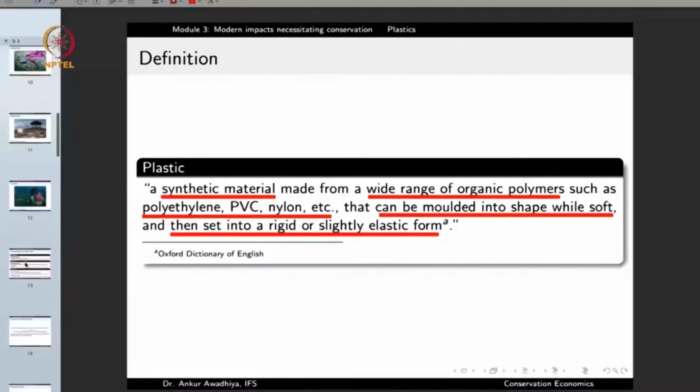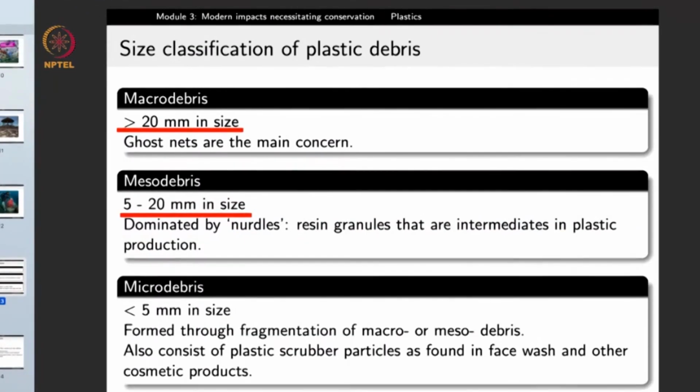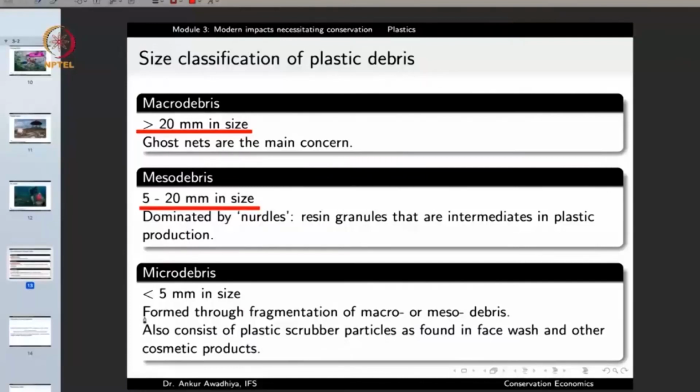So these nurdles, which are like this big, we'll call them meso debris. And in a number of cases they reach into the oceans because when they are being transported on a ship, and if there is an accident, if these nurdles are just released because one of the containers broke, then these nurdles will directly reach into the oceans.